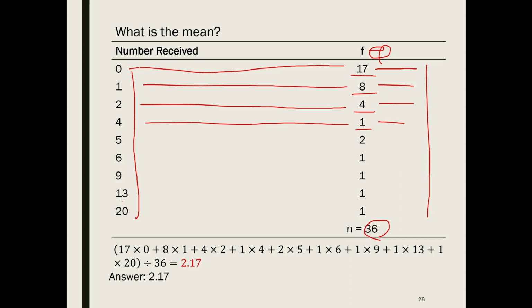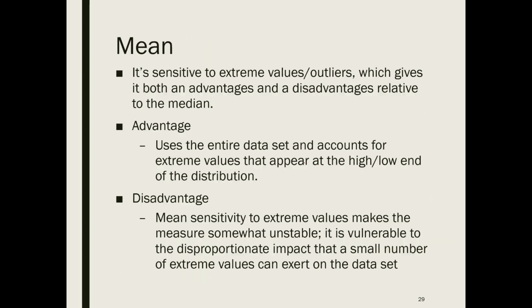So the formula will be 17 multiplied by 0, 8 multiplied by 1, 4 multiplied by 2, 1 multiplied by 4, and so on. You add all those things together, then divide by the total sample size. Then you will get an average of 2.17. That's the correct way to calculate the mean for grouped data.